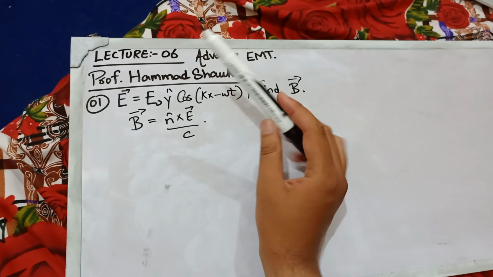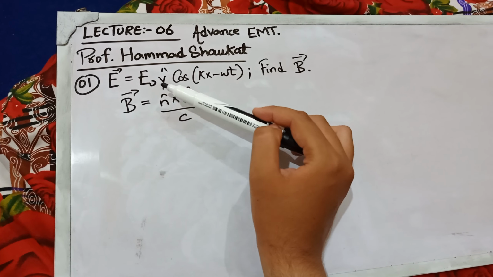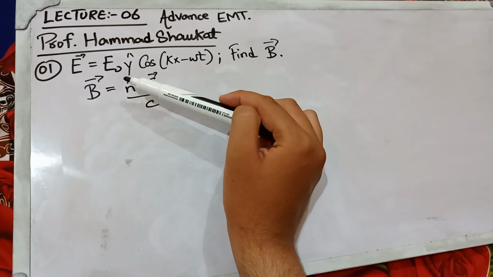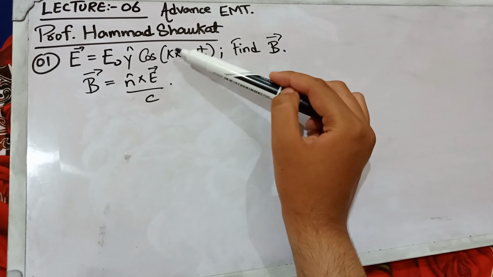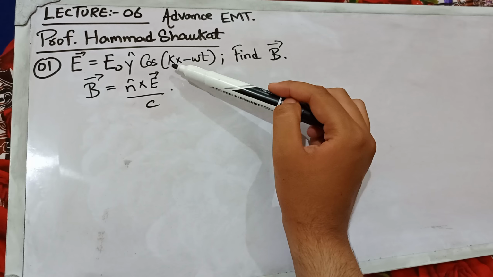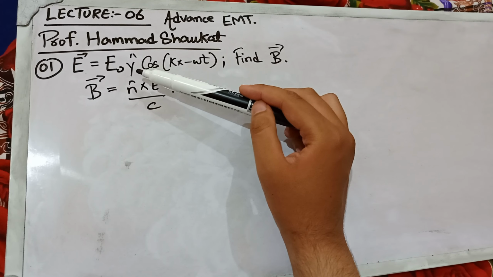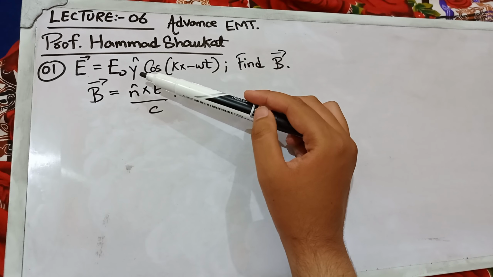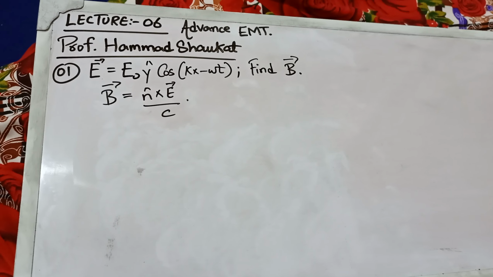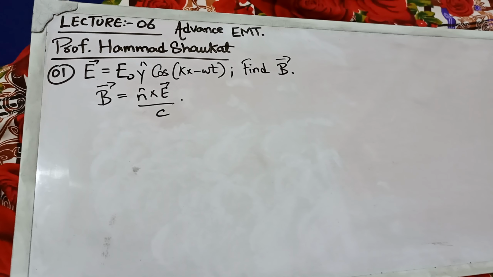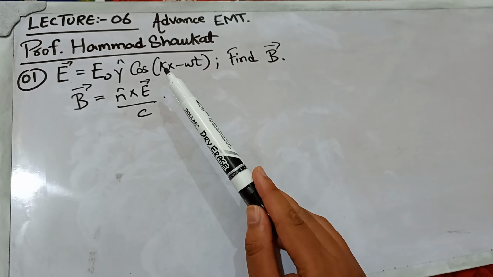You can see the direction of the electric field is the y direction, because the y cap with E naught specifies the direction of the electric field. And the x in the argument defines the direction of your wave, your wave vector k. So k is along x and the electric field is in the y direction, so B must be in the z direction, because you already know that your electric field, your magnetic field, and your wave vector are always perpendicular to each other.